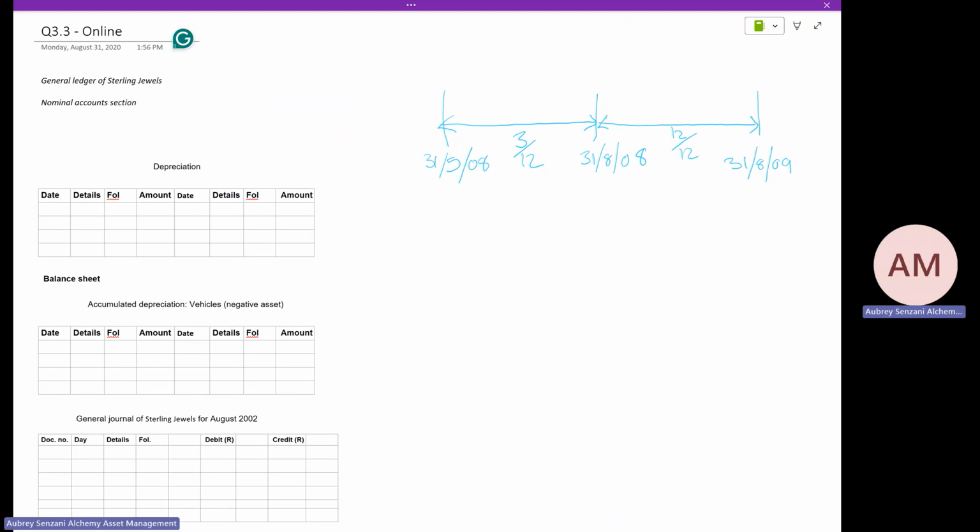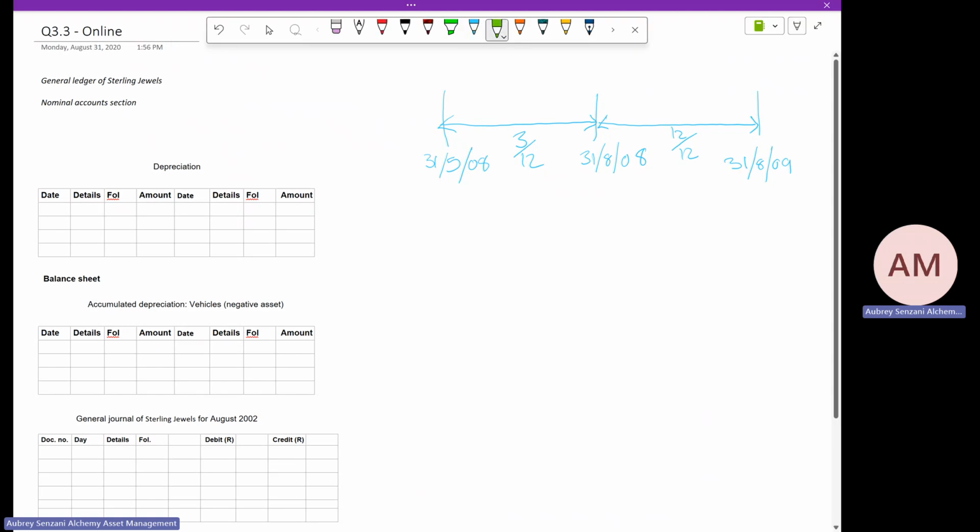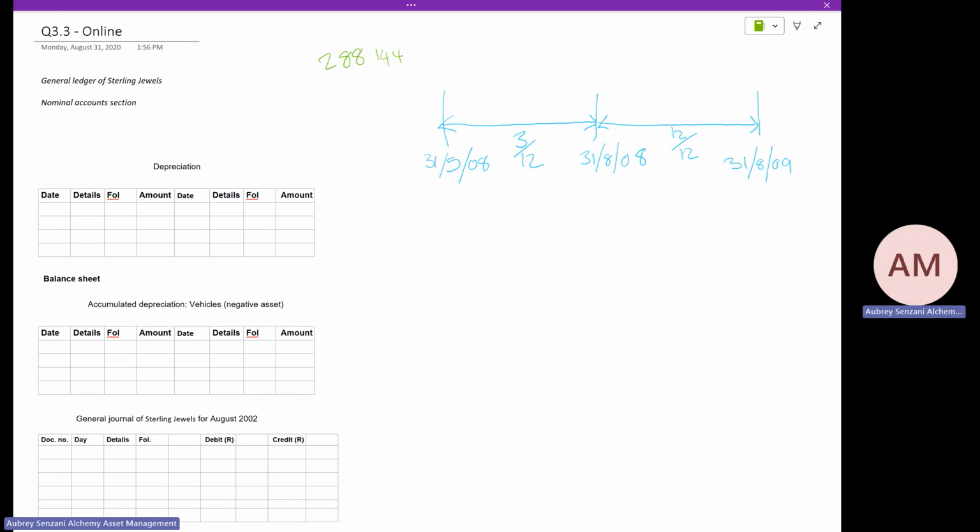Right. Now that we have our timeline, we also need to write down the value of this asset. This time they said 288,144 including VAT. Now we all know that whatever VAT we have here, it is input VAT, and input VAT is a current asset, so we can claim back this VAT from SARS.